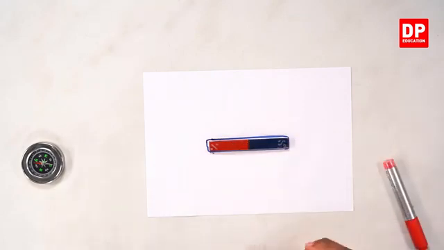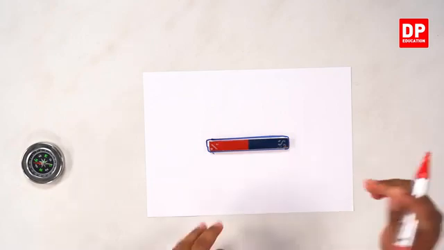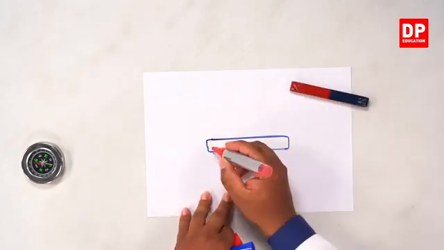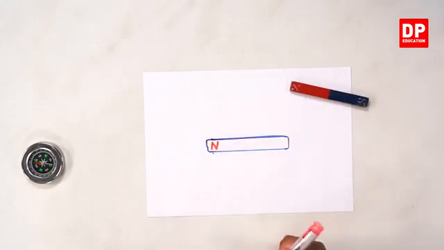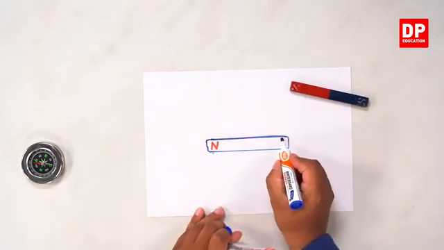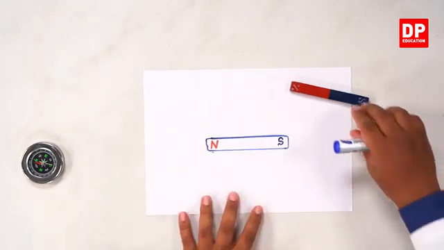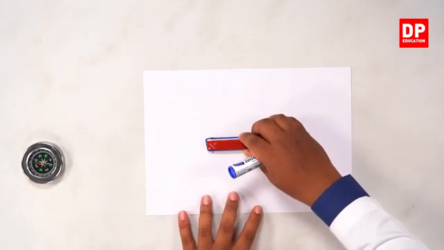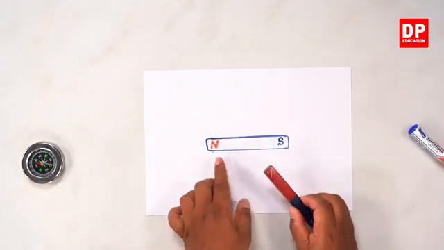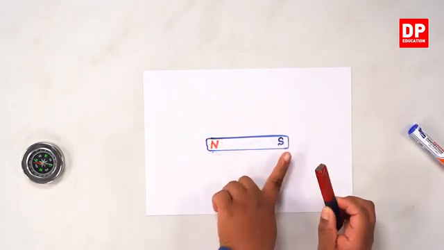Okay. Then to identify the north direction, I'll use my red color marker, and this is the north then. This is the south pole. Right. Now once again, see, this is the north, this is the south.